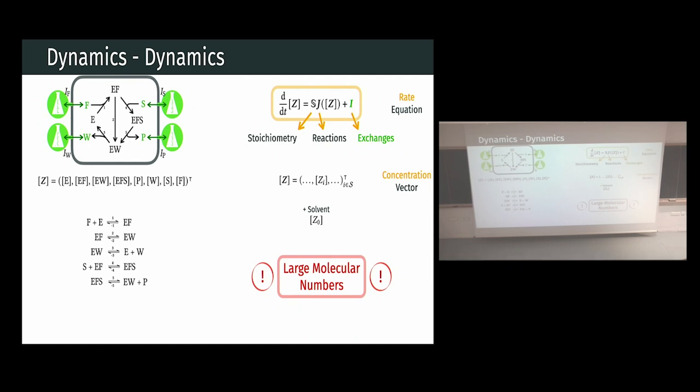Let me stress this. I'm making a bunch of assumptions that are not necessary, but we're dealing with deterministic rate equations because we assume the concentrations are large enough that single reactions don't change the concentrations enough to create fluctuations. But you can transfer everything that I'm going to teach you today to a stochastic process.